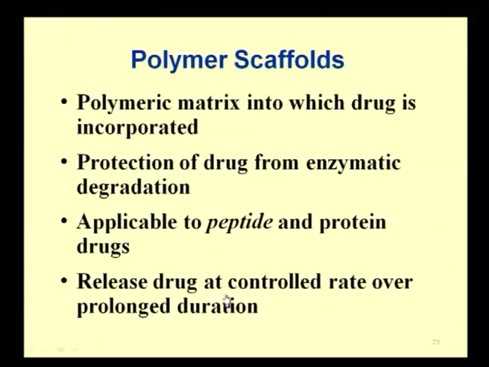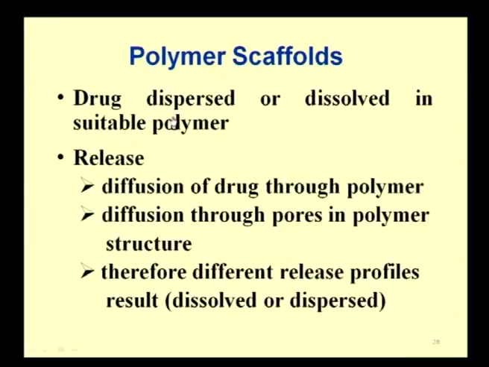Release of the drug at a controlled rate over a longer period of time is also possible using such a matrix, that is, polymer scaffolds. The drug is dispersed or dissolved in a suitable polymer when used in the entrapment form.